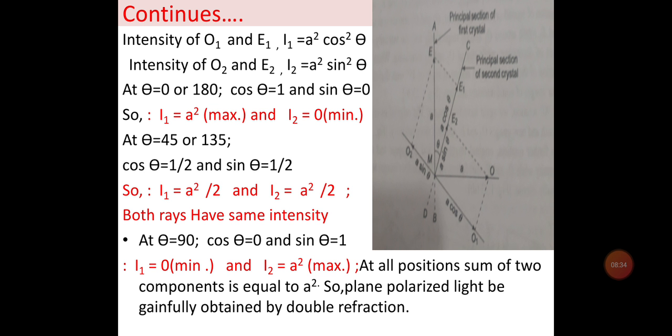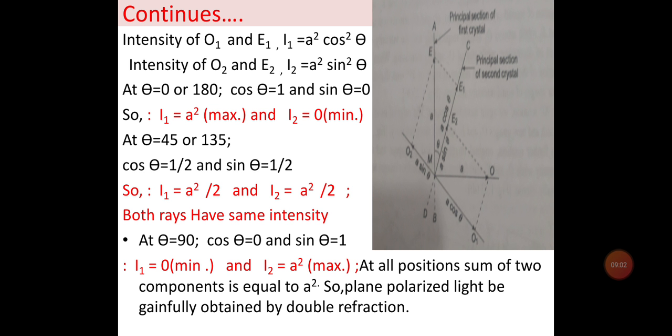So O1 and E1 will have the maximum intensity and O2 and E2 will disappear at this time. Now the second case is when theta is equal to 45 or 135 degrees. If I substitute the values, I will get cos square theta and sin square theta equal to half. It means that O1, E1, O2 and E2 will all have the same intensity, which is equal to A square by 2.